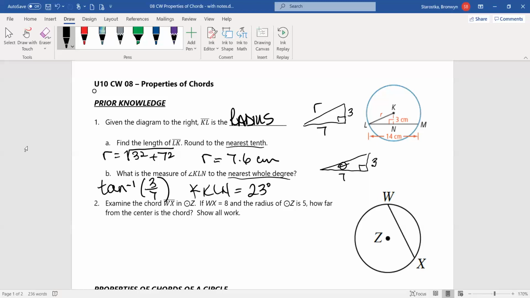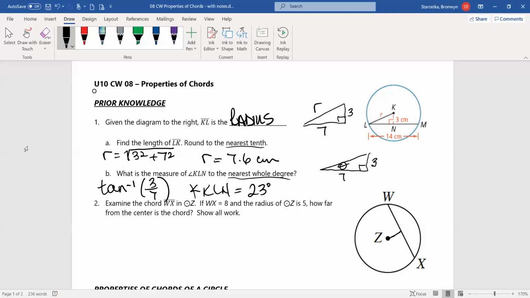Number 2, find chord WX in circle Z. If WX equals 8 and the radius of circle Z equals 5, how far from the center is the chord? So what we're looking at is, how far is this?